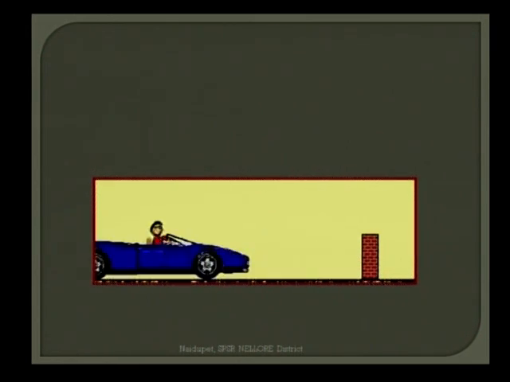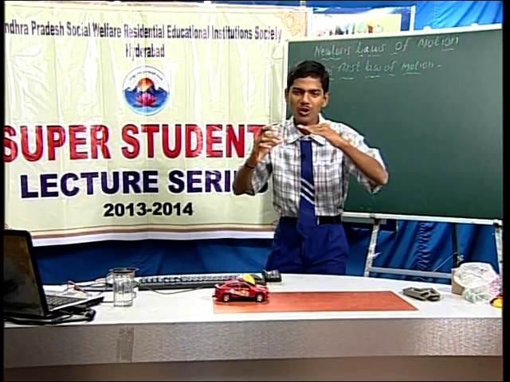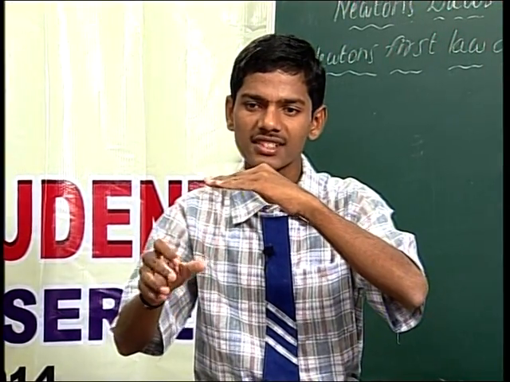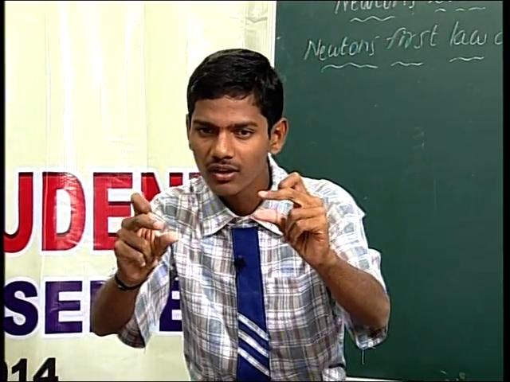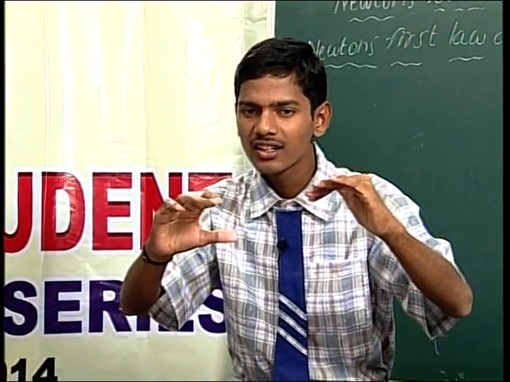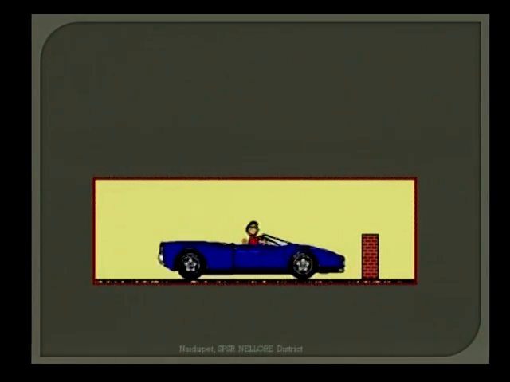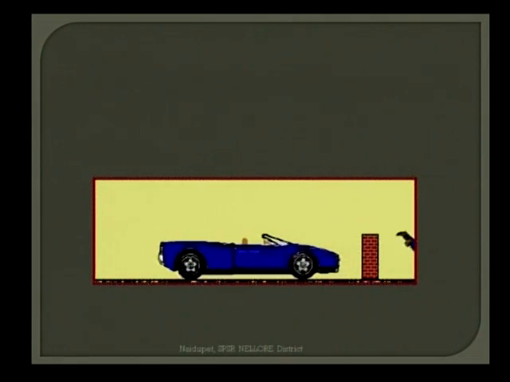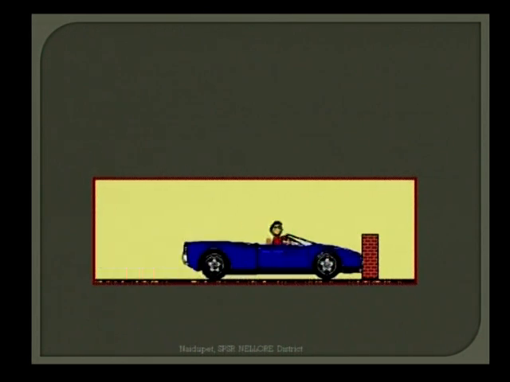That means every body in the state of uniform motion will remain so unless and until an unbalanced external force is applied on it. So, if that car is stopped suddenly, he tries to move with the same velocity, and automatically he jumps away from the car with the property of inertia.